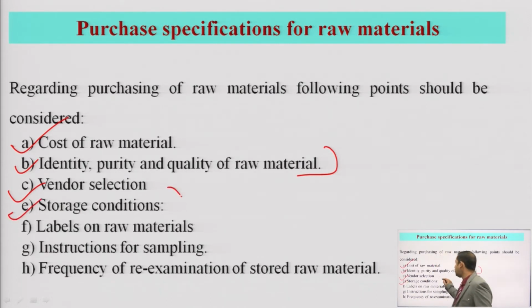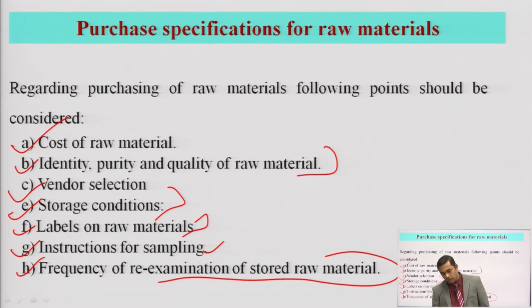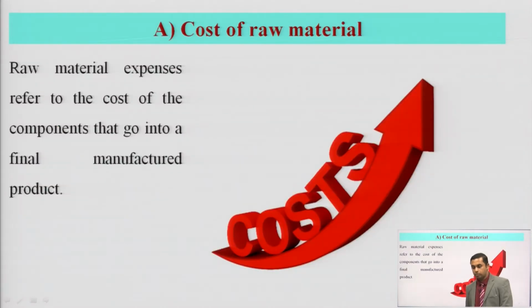Then storage condition, labeling of raw materials, instruction for sampling and frequency for re-examination of the stored material. If you consider these points, then you will be ready for the purchase of this substance.